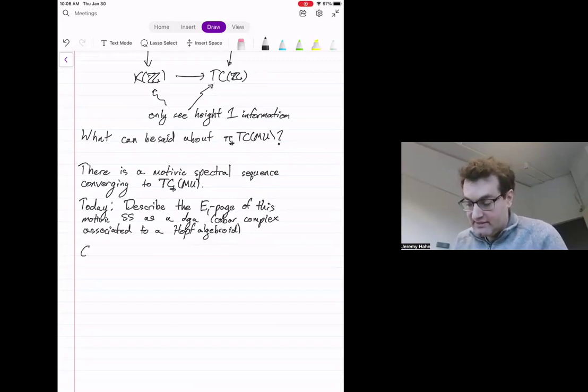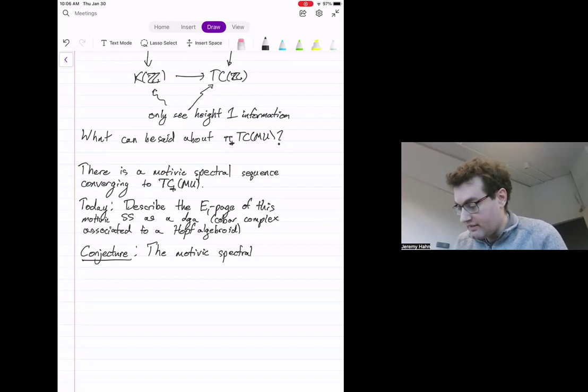And you could ask how far is the E2 page from the answer, and I will make a conjecture, which is that the motivic spectral sequence for TC star of MU collapses at the E2 page.